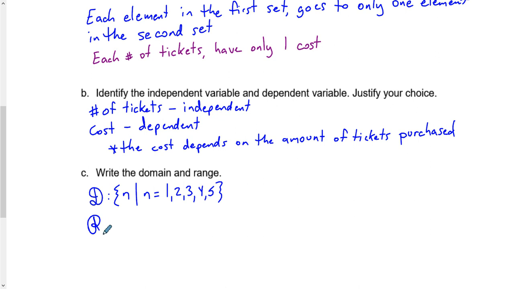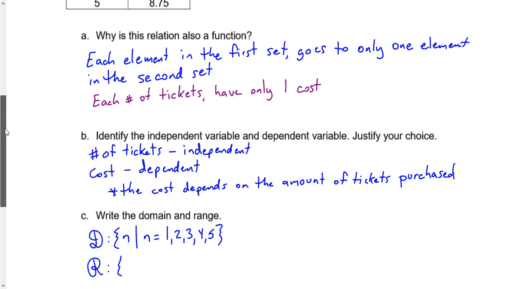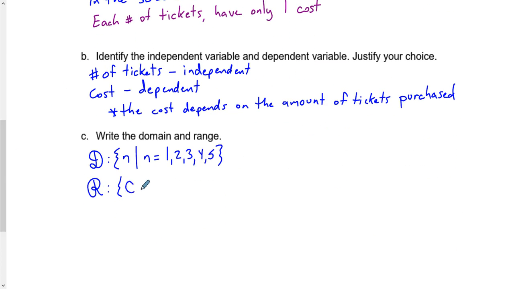Our variable for range is C, our cost, and I'll explain this part. For right now, we just need to know this part.